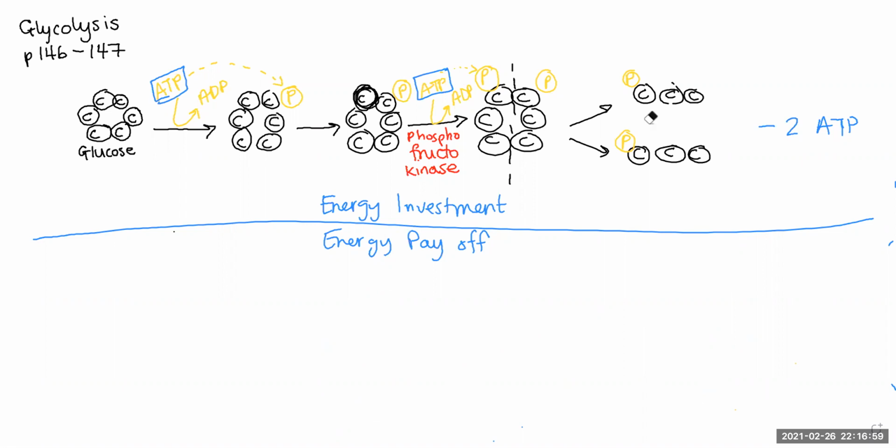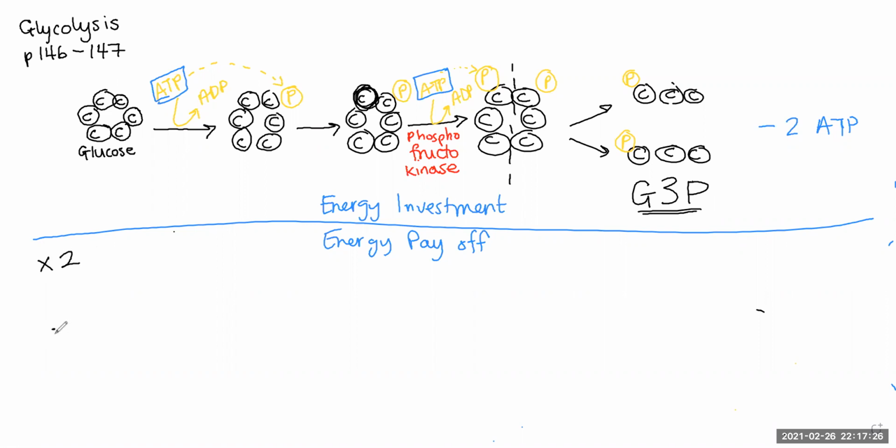So let me remind you that there are two different molecules of this 3-carbon here, which are known as G3P. This stands for glyceraldehyde 3-phosphate, but you, as one of the exceptions to this rule of don't use abbreviations, are only responsible for knowing G3P.